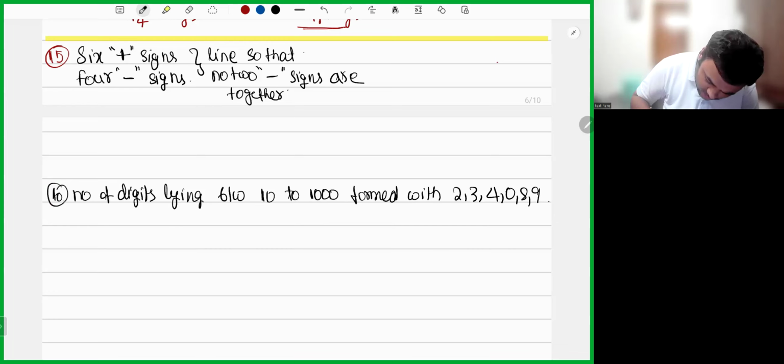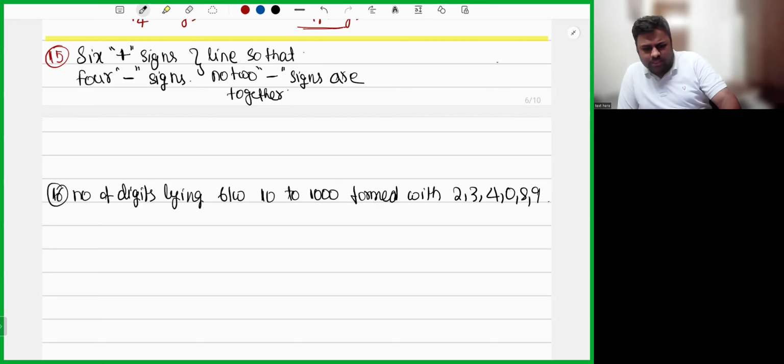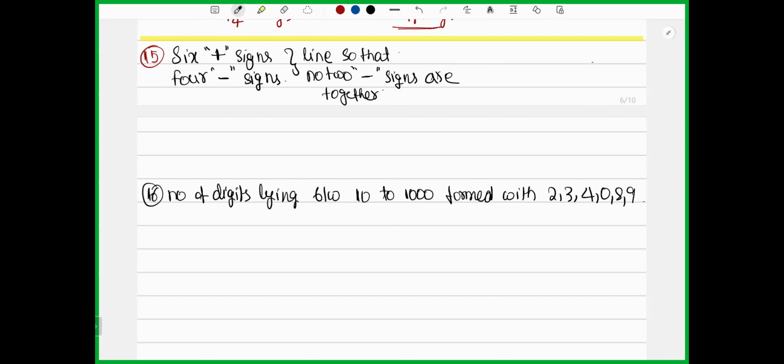This is your 16th question. Think and solve, you'll get it, there's no issue. Only two questions, 15th and 16th. I'll give you 5 minutes to solve. Not 5, 4 minutes would be enough. 3 minutes is enough, I hope. Solve these two and tell me the answer.